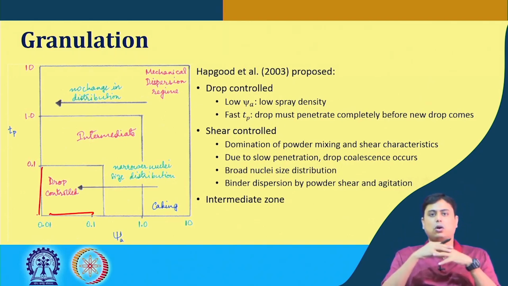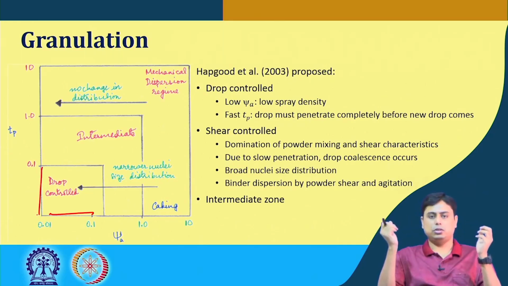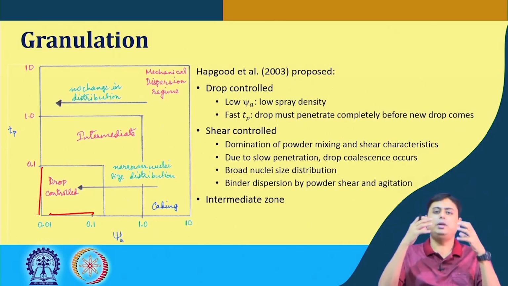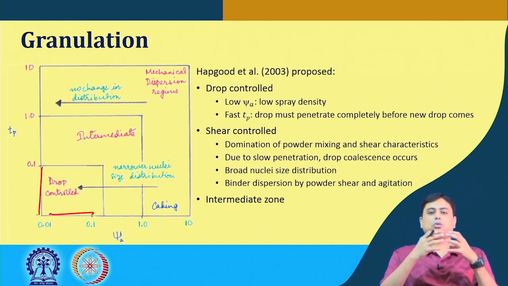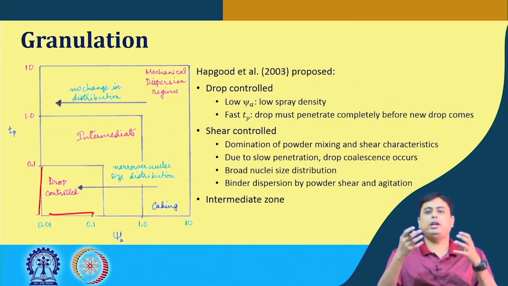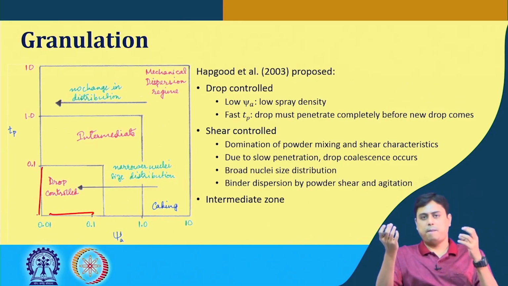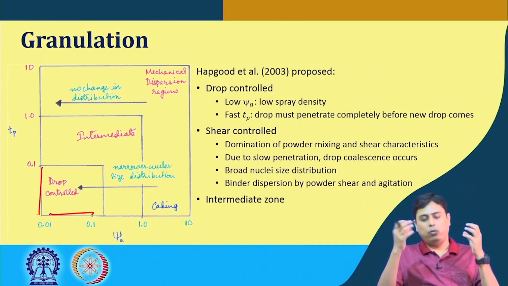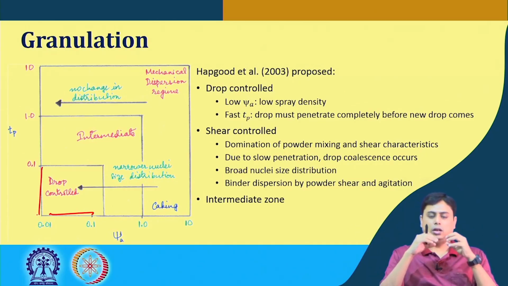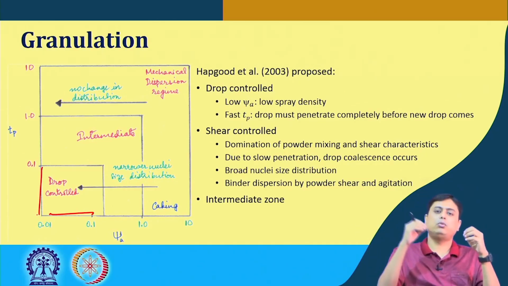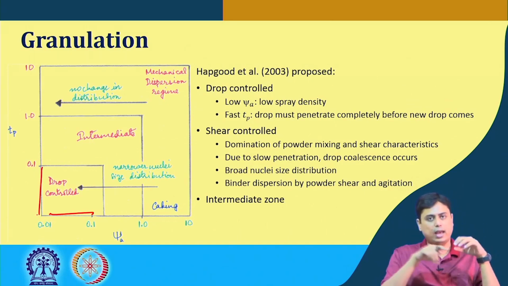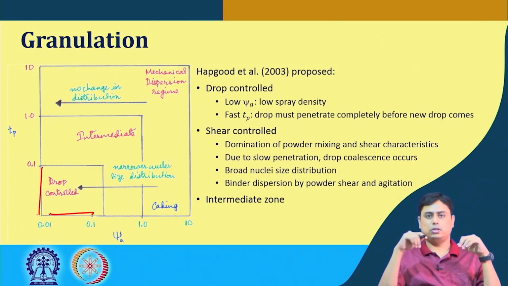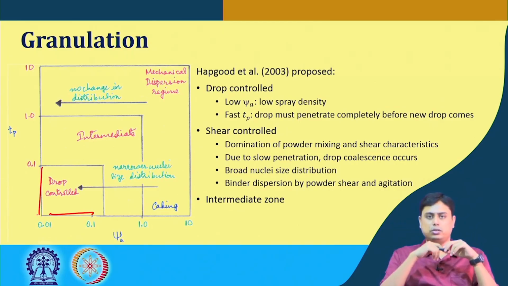So, the drop coalescence occurs and we have a broad nuclei size distribution, because that bigger drop would create a bigger granule, and wherever that droplet coalescence is not happening, a single droplet would create a nucleus as per its size. So, that means we have a variation in size distribution, and that is a broader size distribution.